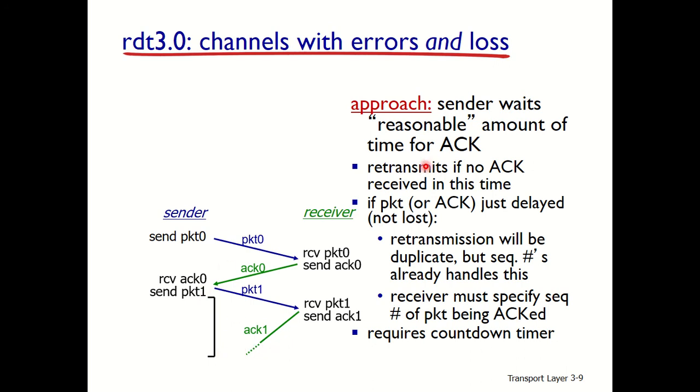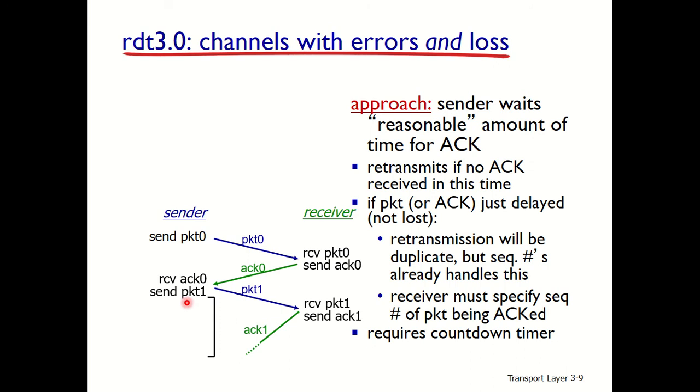So if within a reasonable amount of time the acknowledgement is received, for example for packet number 0, within that timer, the timer is cancelled and the next packet is sent. For each packet, when it is transmitted or retransmitted, the timer is set.